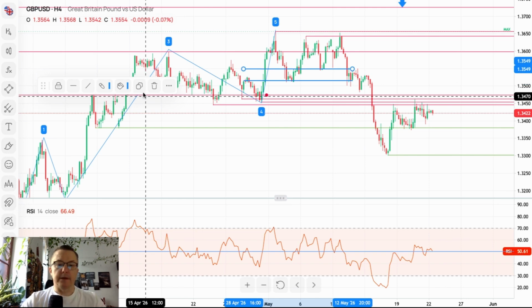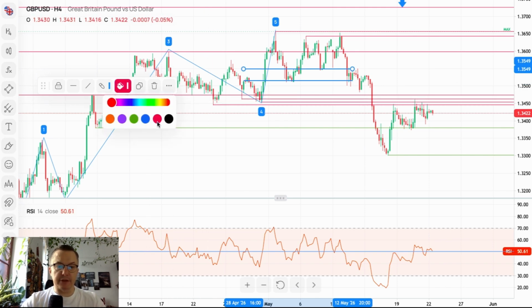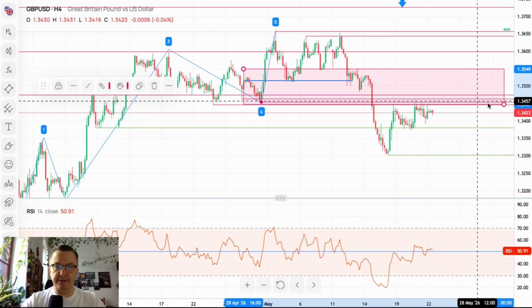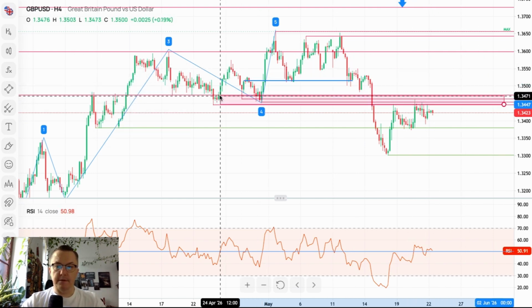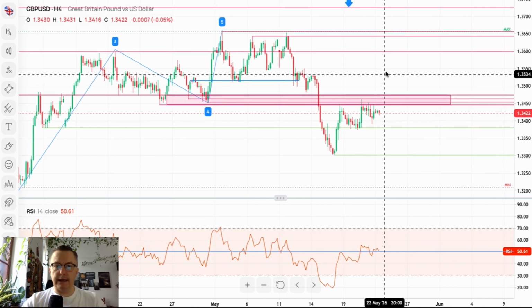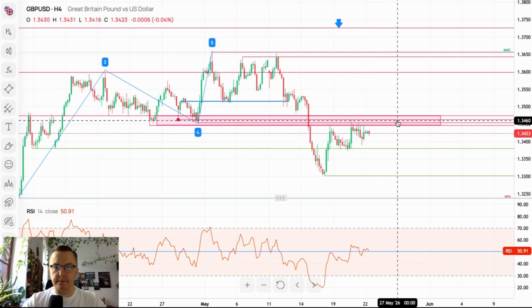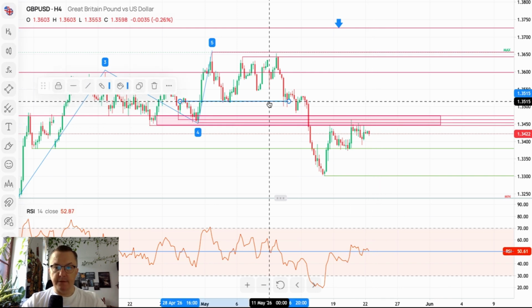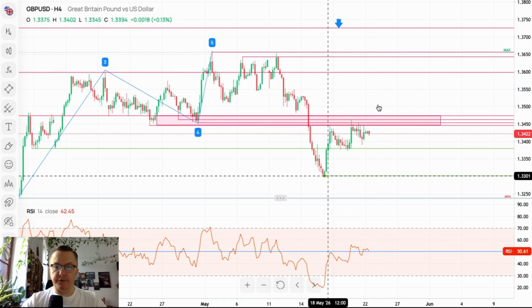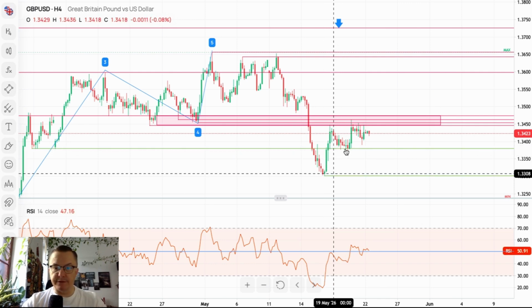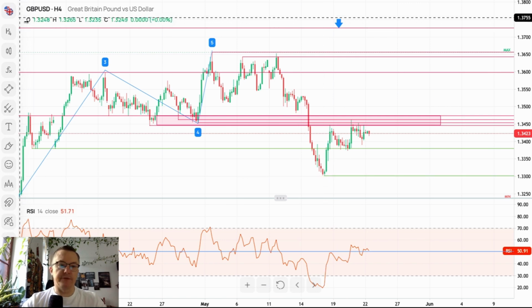This is the supply zone. Let me just change the color to red, so you got it here like that, and that's about the situation. There you go, and this is it, the supply zone here on the British pound. Any breakout higher is bullish, any breakout lower is obviously bearish. So from the other side of the trade, we got support 1.3378 and swing low 1.3302.